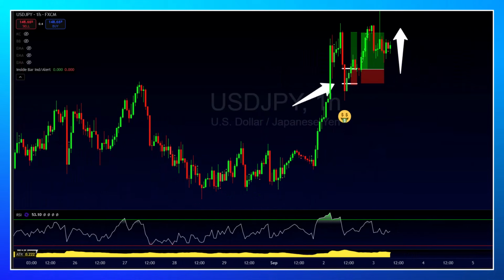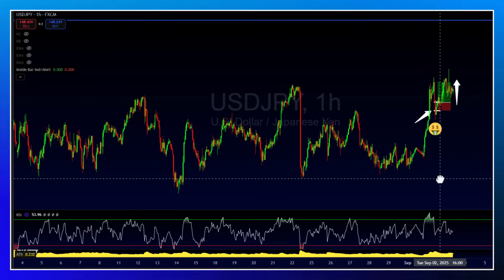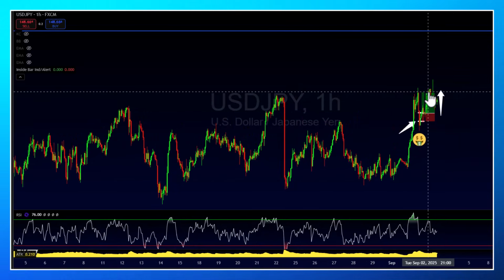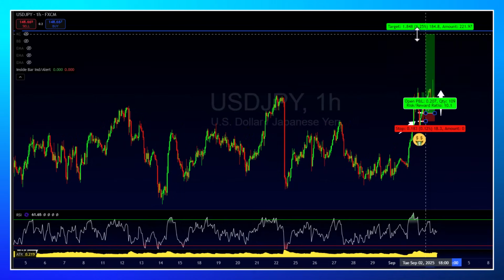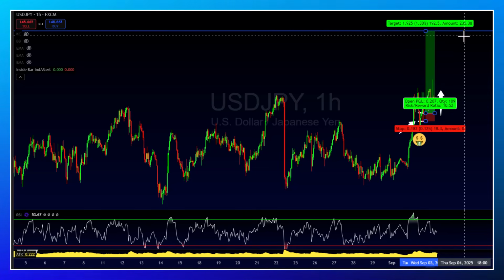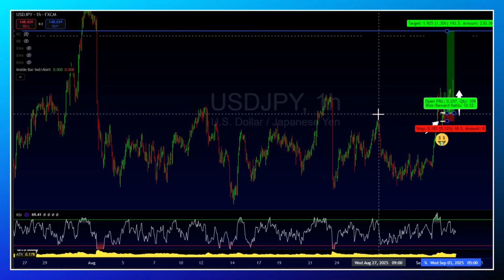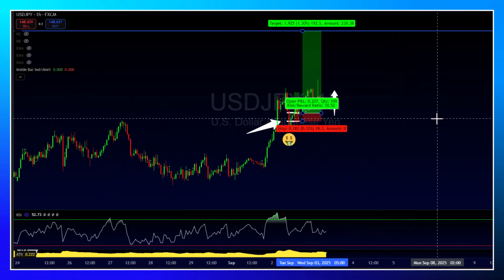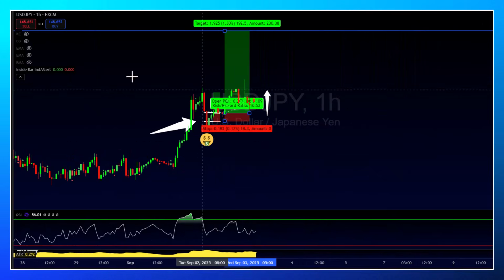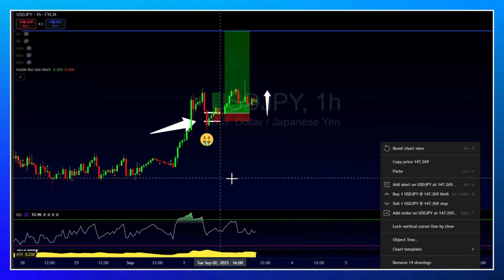Hold on. The targets are so big, I have to zoom this out. That's what you hope for, bigger picture. Does that actually happen? Who knows? But even if you get stopped out, you probably make something bigger. But that's the bigger move.